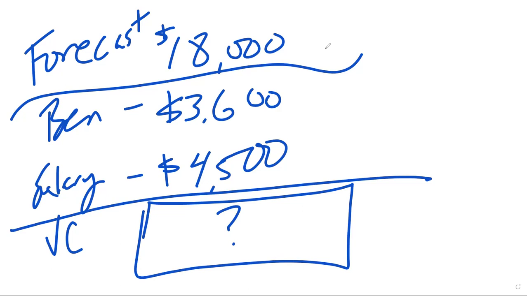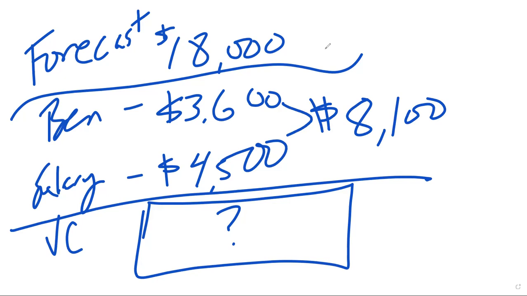What I did was add the 3,600 and the 4,500 to combine them, and you got 8,100. Now you want to subtract that from the overall 18,000.